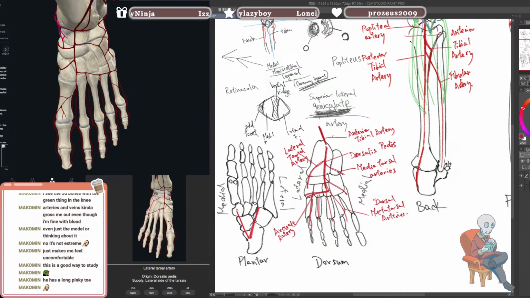Anyway, so it seems that the plantar, I don't need to remember a lot of stuff. I just need to remember the medial plantar artery, as well as the lateral plantar artery, and that will be it.